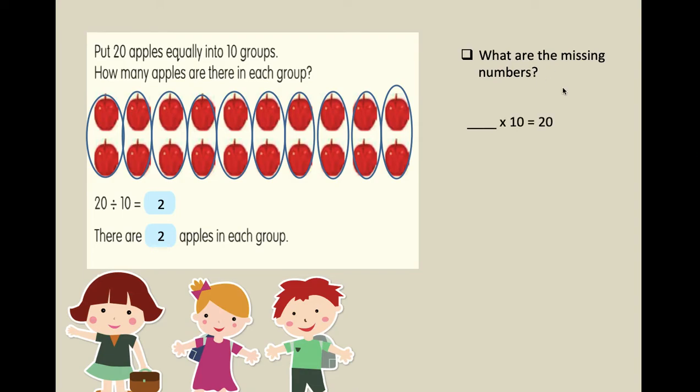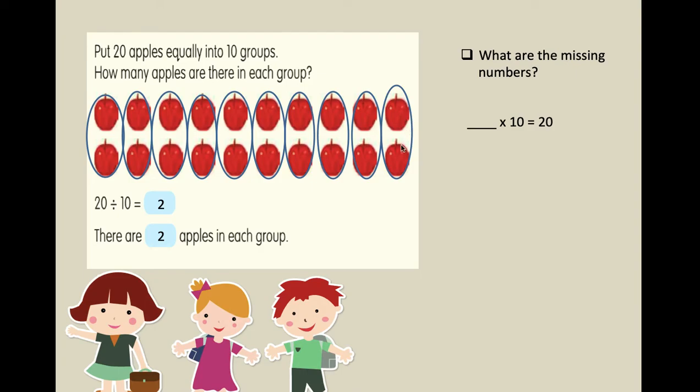So we are having 10 groups. We had 20 apples and we divided them into 10 groups. Can you tell me what is the missing number here? Well done. That is in each group.